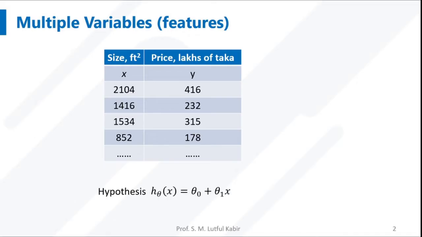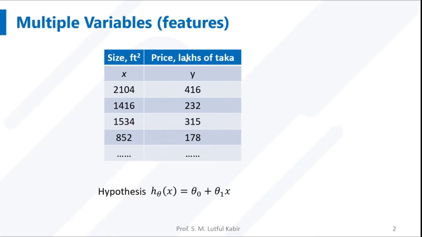Before we start regression analysis with multiple variables, let us recollect our previous knowledge on regression analysis with a single variable. In the housing problem, we considered the size of the houses as the feature, which is called the input feature, this column.